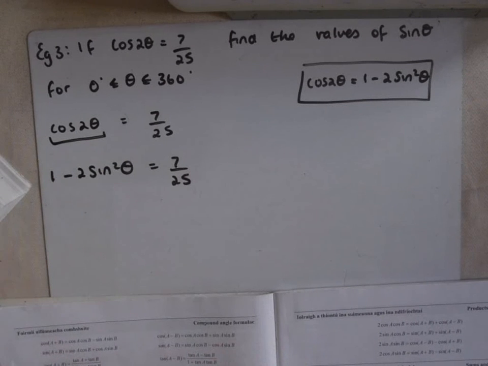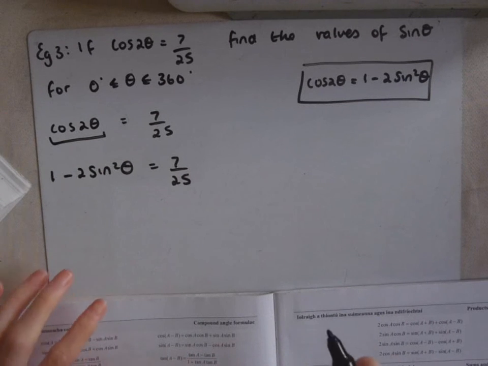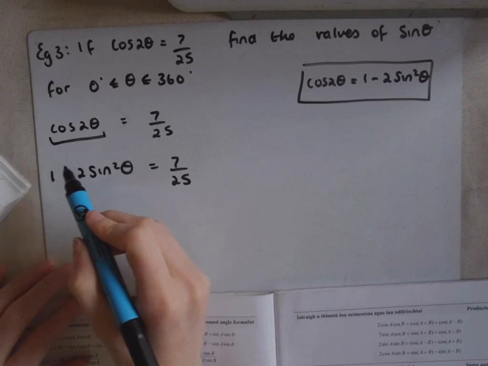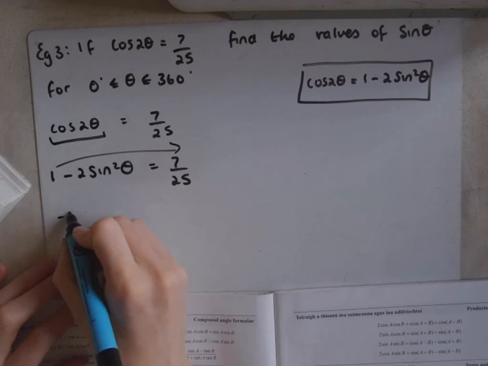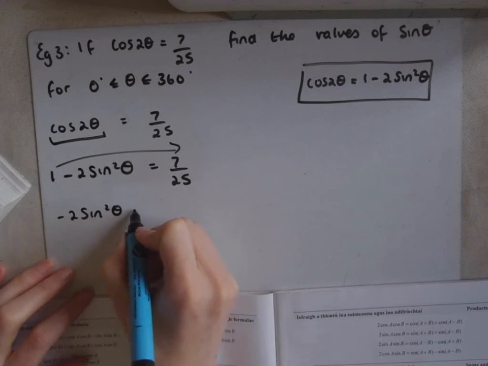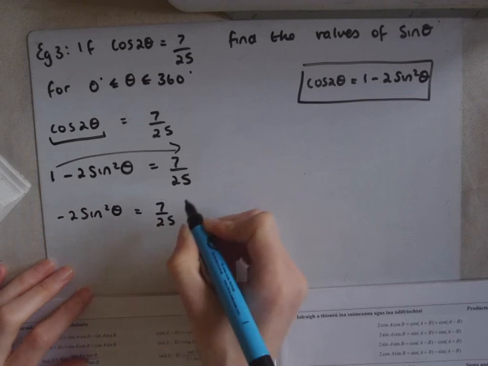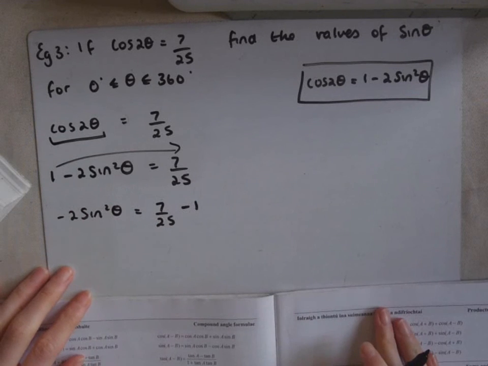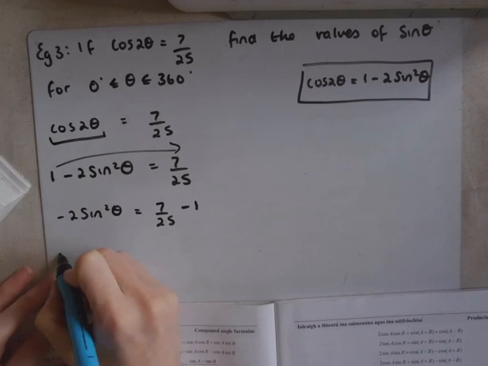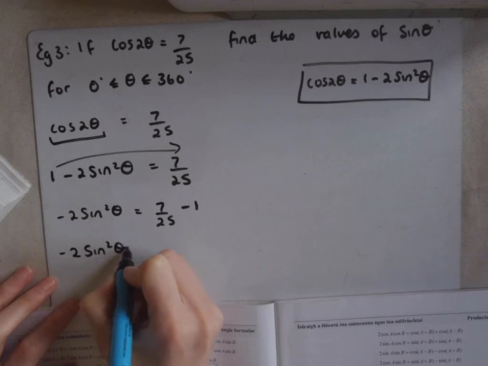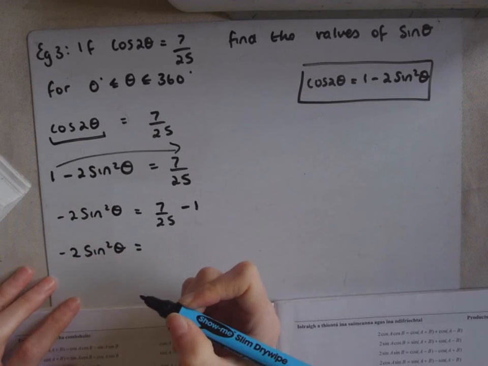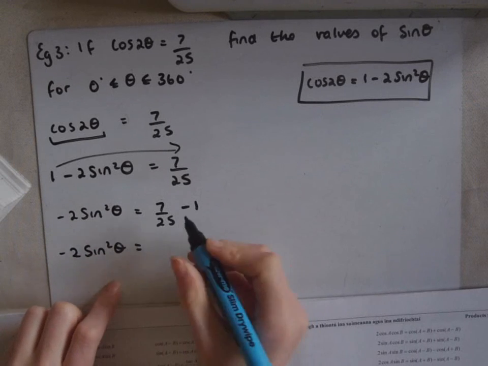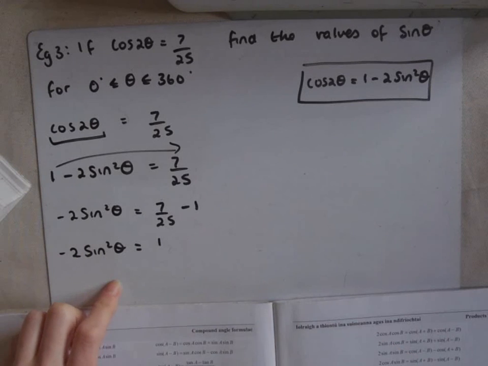Then you're going to rearrange it. Okay, so that one comes over, becomes a minus. Minus 2 sine squared theta is 18 over 25. Am I right with that?